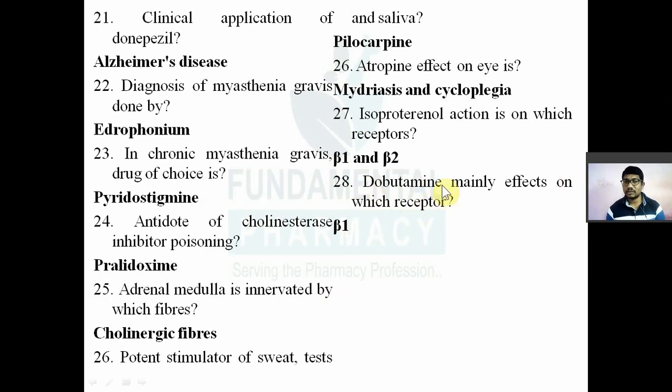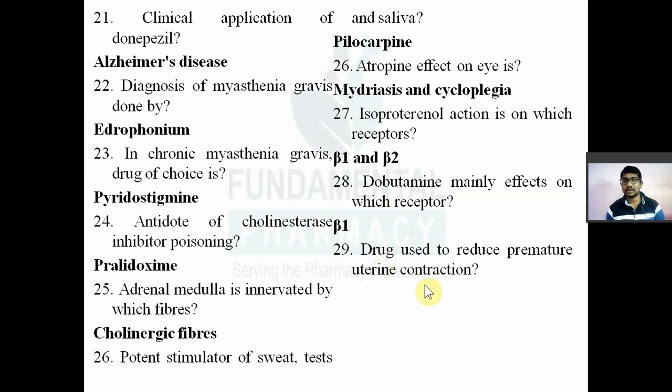So dobutamine is a derivative of dopamine. It has a structural similarity with dopamine, and dobutamine selectively activates the beta 1 receptor, used in cardiogenic shock.